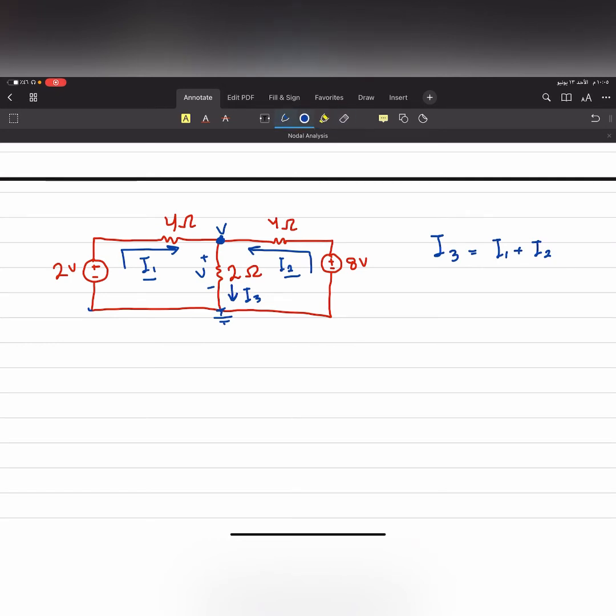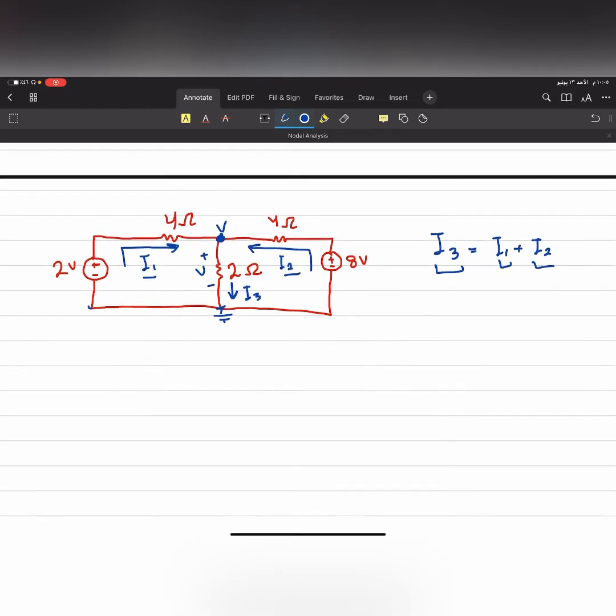So now I will substitute these values of currents. I3 is equal to what? I3 is equal to the voltage here minus the voltage here divided by the resistance in between. So I3 is equal to V, which is the unknown, minus the voltage here, which we assumed at the beginning that the ground is equal to 0, all divided by the resistance in between them, which is 2.